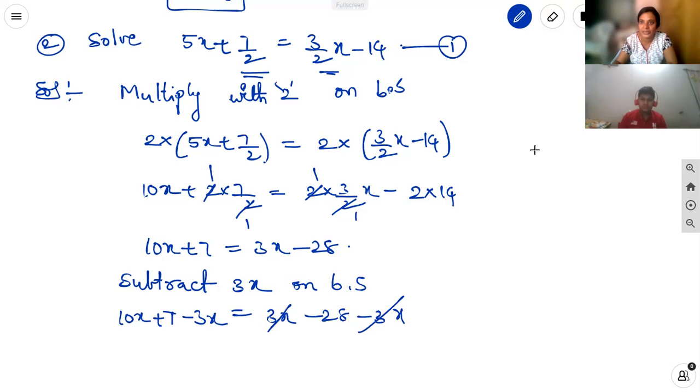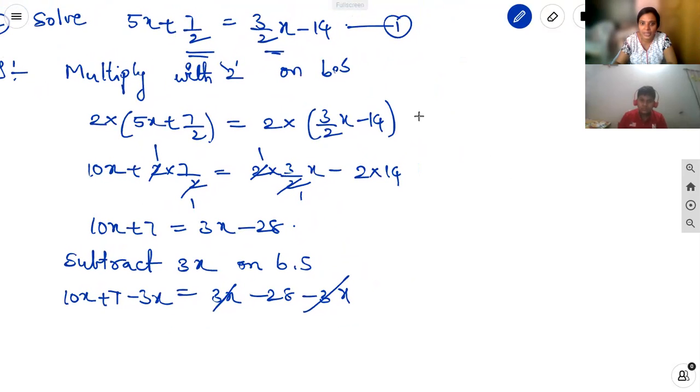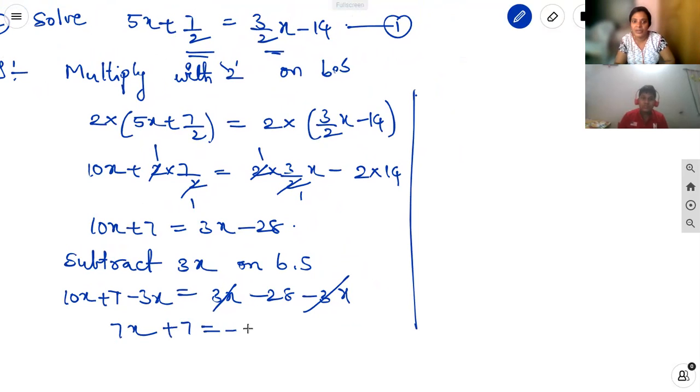Minus 3x plus 3x becomes 0. Then 10x minus 3x is 7x, so 7x plus 7 equal to minus 28.